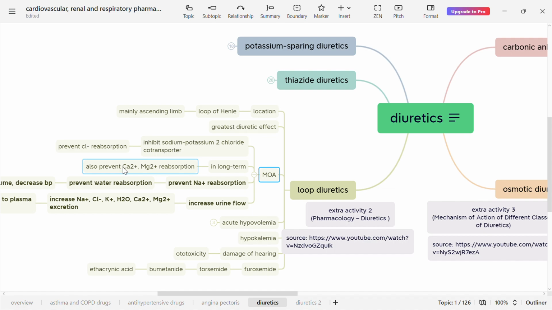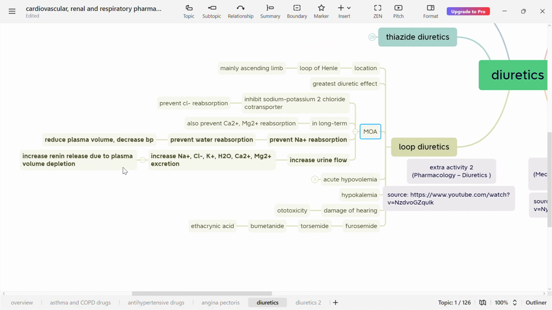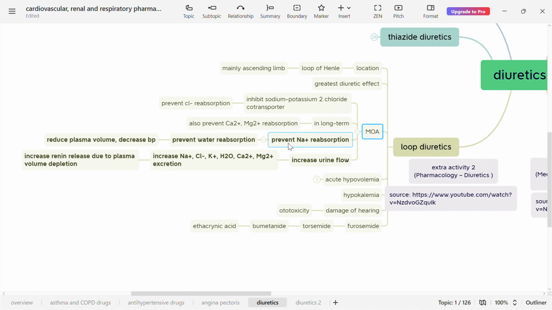So, the main mechanism of action of loop diuretics is actually to prevent sodium reabsorption and also to increase the urine flow. So how does it act?